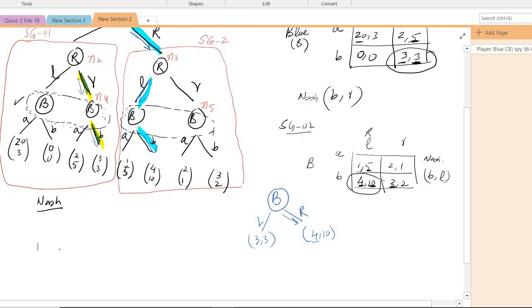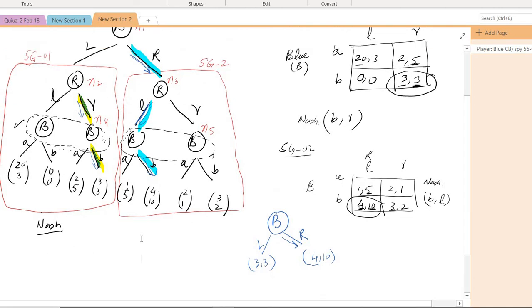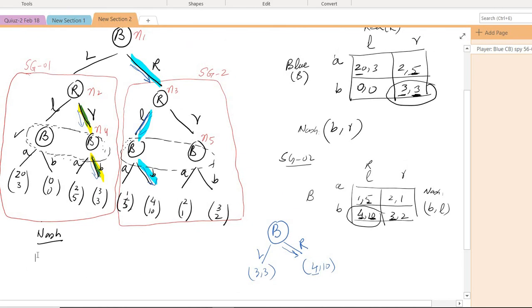ठीक है जी। तो अब आप देखो कि ये जो गेम है इसके अंदर यहाँ पे मैं लिखती हूँ, जब मैं नैश रिपोर्ट करूँगी, सो आई हैव टू राइट डाउन व्हाट प्लेयर नंबर 1 इज डूइंग एंड व्हाट प्लेयर नंबर 2 इज डूइंग। सो लेट मी राइट हियर प्लेयर नंबर 1 एंड लेट मी राइट हियर प्लेयर नंबर 2, ठीक है, इनकी दोनों की लिख लेंगे। सो प्लेयर नंबर 1 व्हाट इज ही डूइंग? प्लेयर नंबर 1 इज एक्चुअली प्लेइंग एट नोड 1, he is playing at node 4 and at node 5.